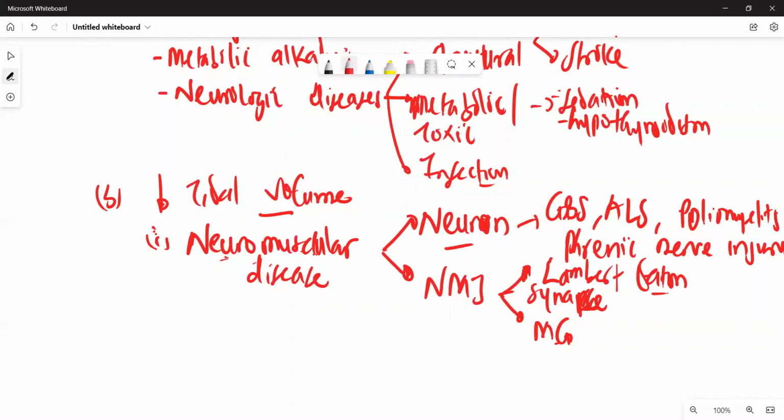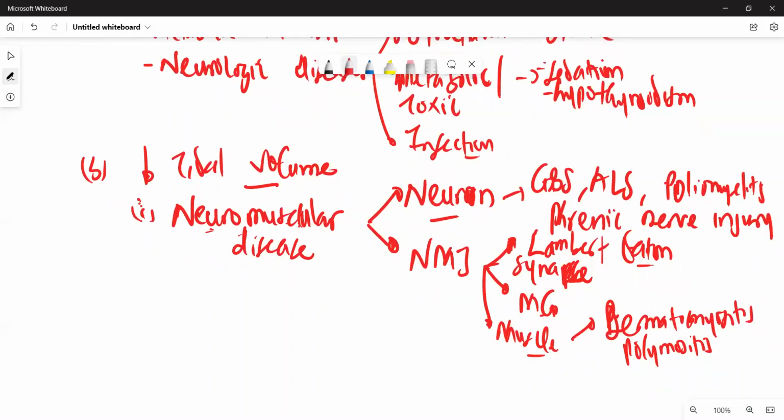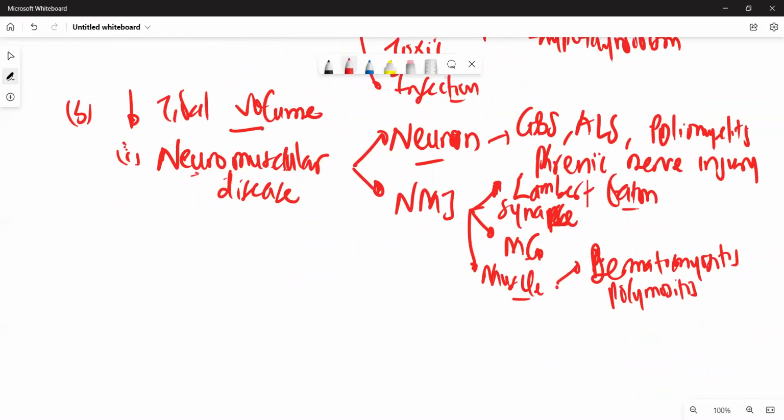And then the last part of it is a problem with the muscle itself. So if there's inflammation of the muscle, like in the case of dermatomyositis or polymyositis, this could also lead to muscle weakness, so that will cause hypoventilation.